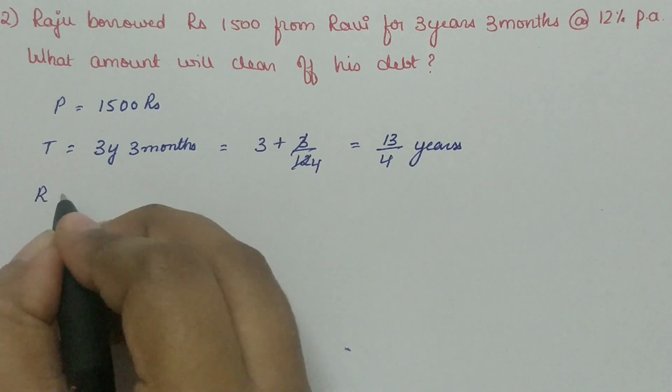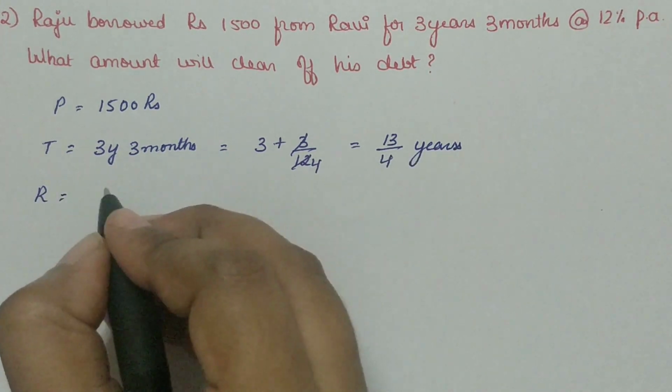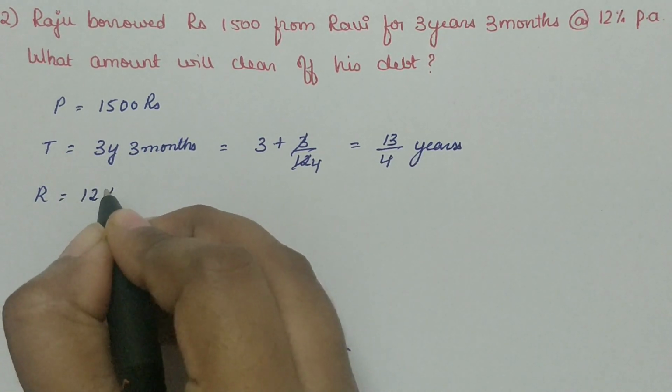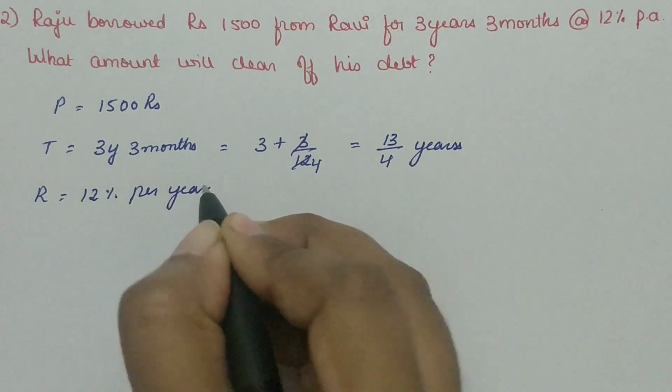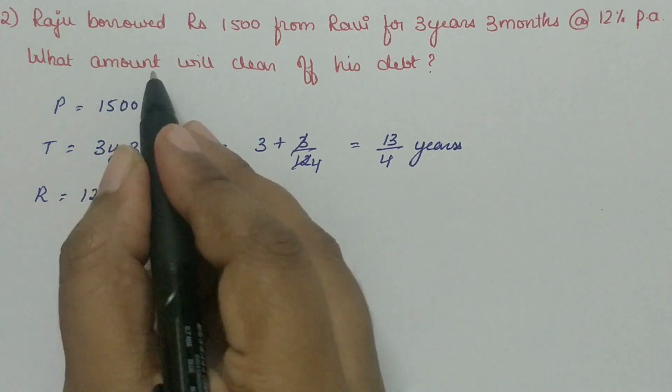Rate of interest equal to 12% per annum, that is per year, and we need to find amount.